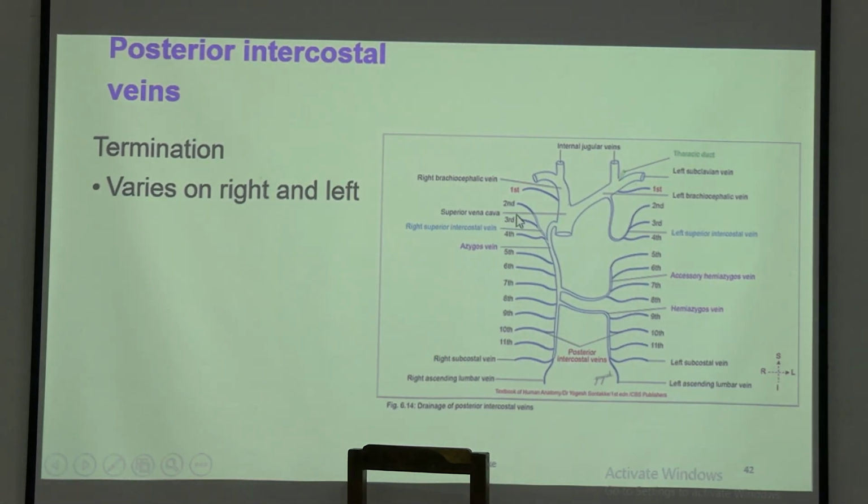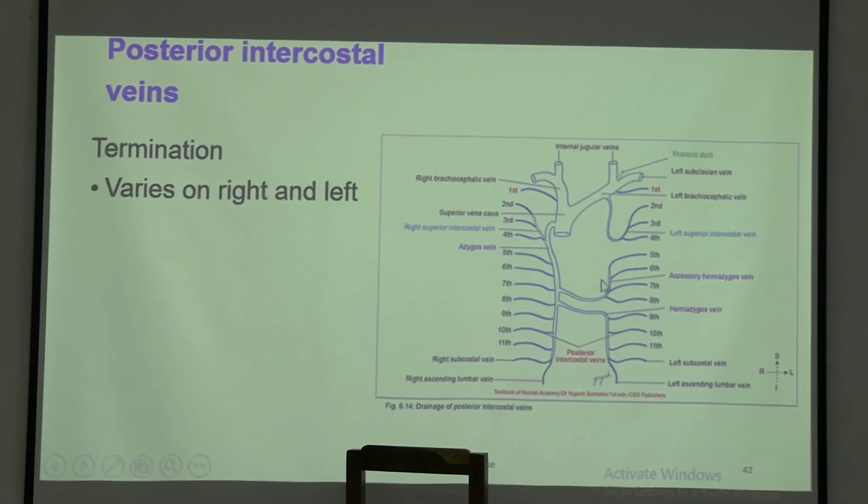From the 5th onwards and up to the 11th posterior intercostal veins, they drain into the azygos vein on the right. Whereas on the left side, from 5, 6, 7, 8 they drain into the accessory hemiazygos vein, and from 9, 10, 11 onwards they drain into the hemiazygos vein.